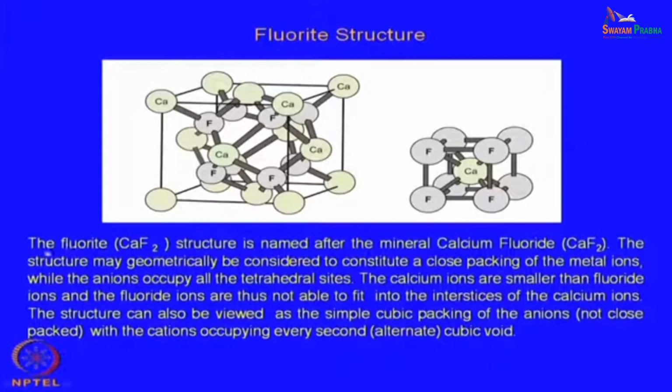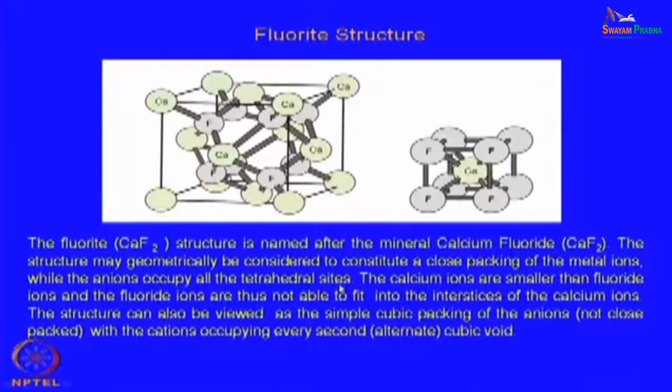So, it says here the fluorite CaF2 structure is named after the mineral calcium fluoride, CaF2. The structure may geometrically be considered to constitute a close packing of the metal ions, while the anions occupy all the tetrahedral sites. This is a different description than what has been given here. Okay.